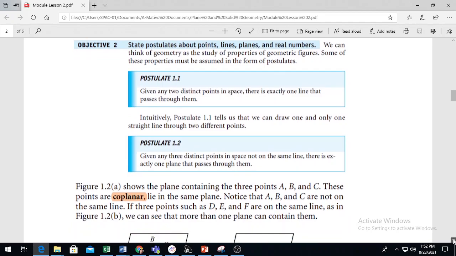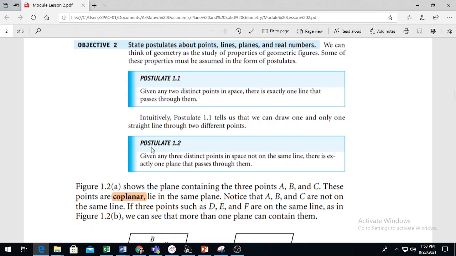Remember that, because as you prove in the next sessions, you need the postulates to assist you in proving. Postulate 1.2, given any three distinct points in space not on the same line, there is exactly one plane that passes through them, and that plane can be a triangle.